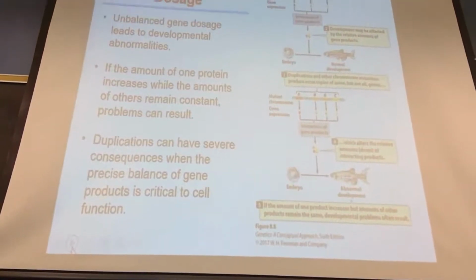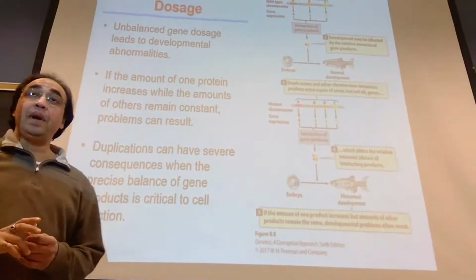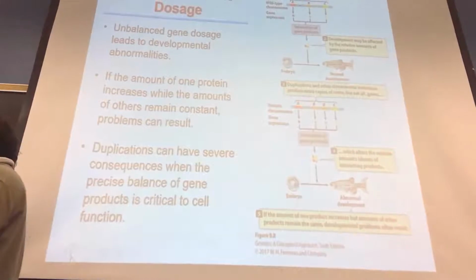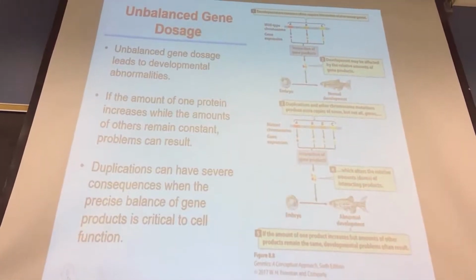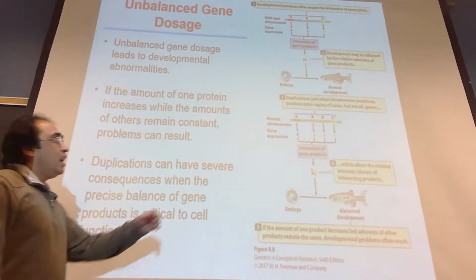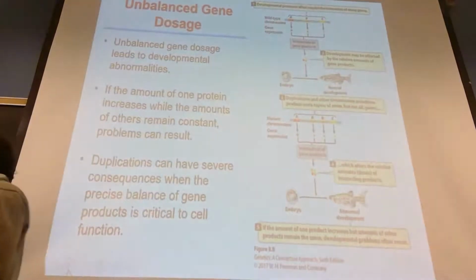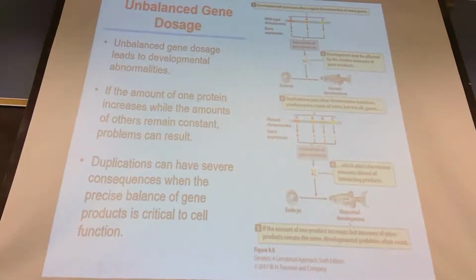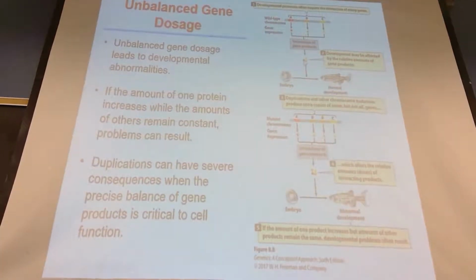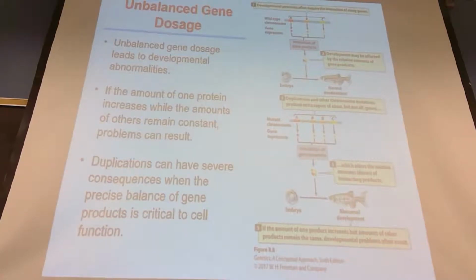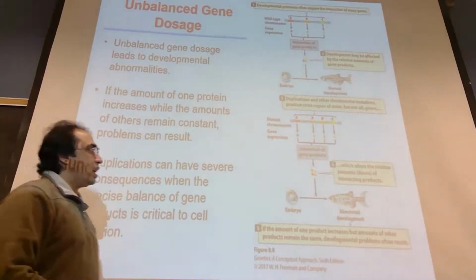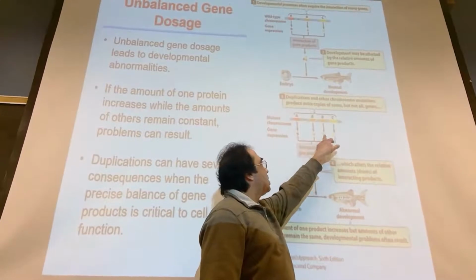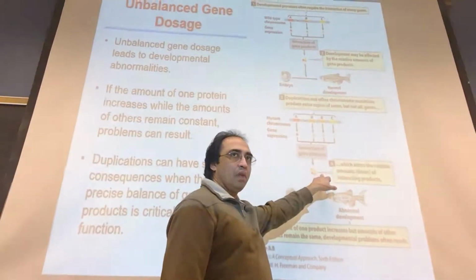And for that one, there are developmental disabilities for this dosage. What is that? In normal condition, there are three proteins formed here. One is red, one is orange, one is yellow. But if there is duplication here in the B gene, the orange gene is more.